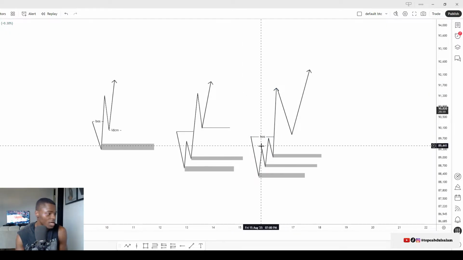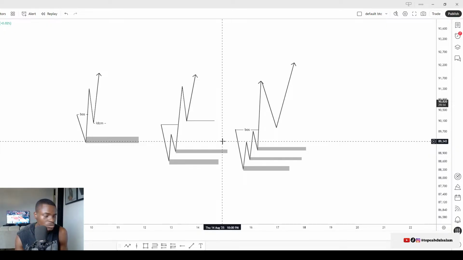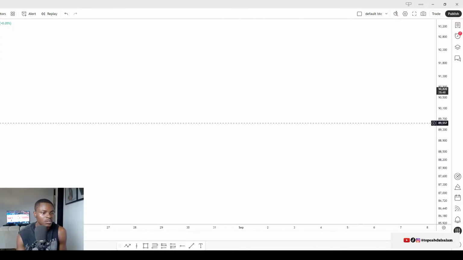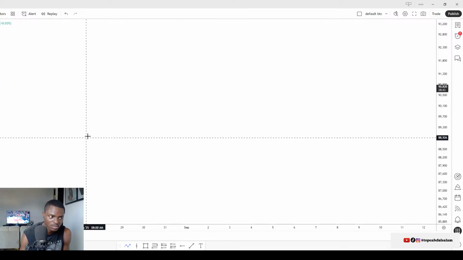I also said something about internal structure and external structure. Do you understand the concept of internal structure and external structure? Okay, let's say we have a market structure like this.